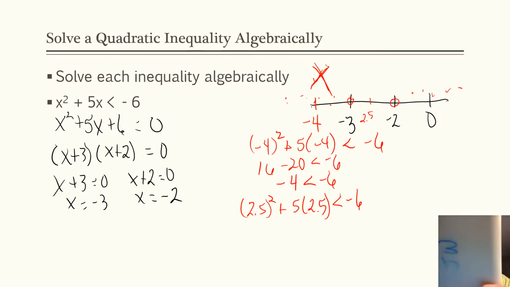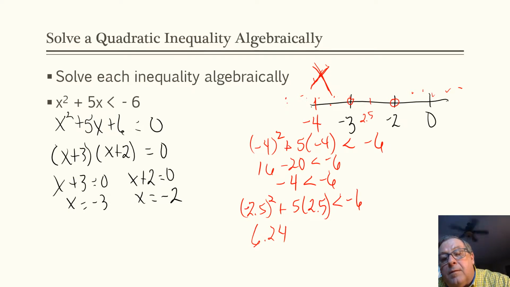Negative 2.5 squared is 6.25. Oh, that's negative, by the way. I'm about to mess up. All right, and then 5 times negative 2.5 is negative 12.5.